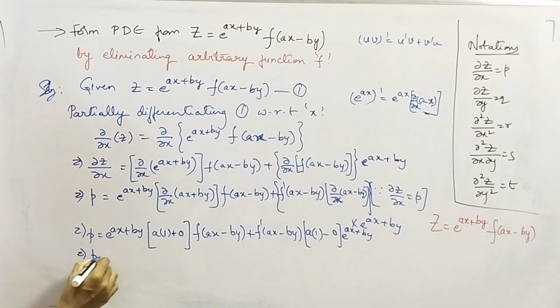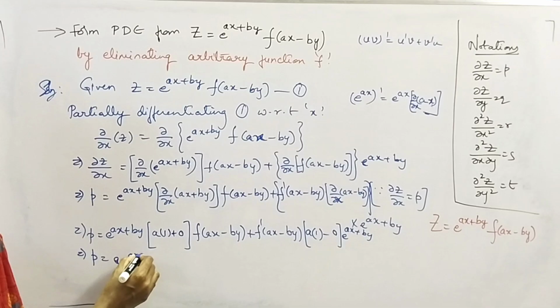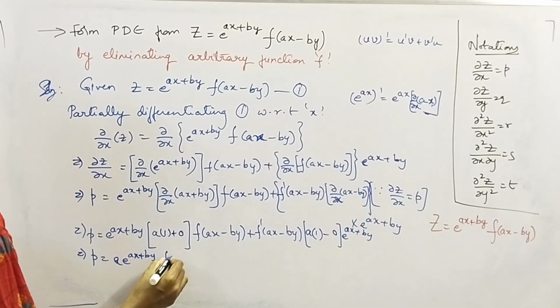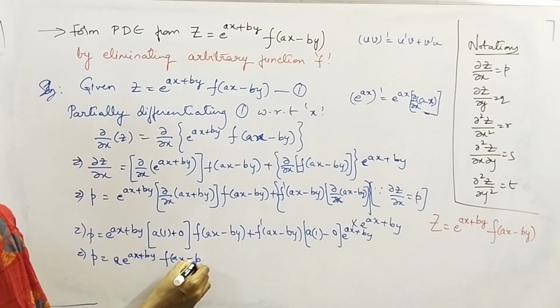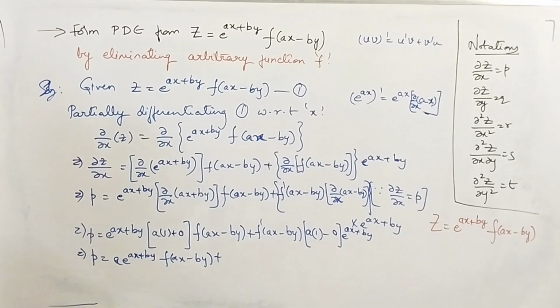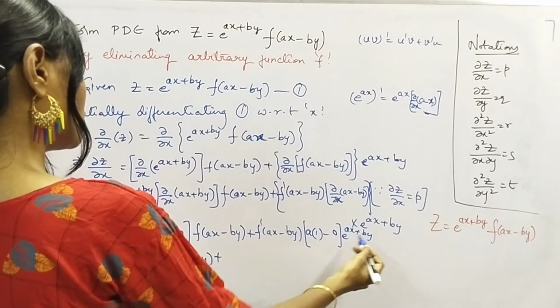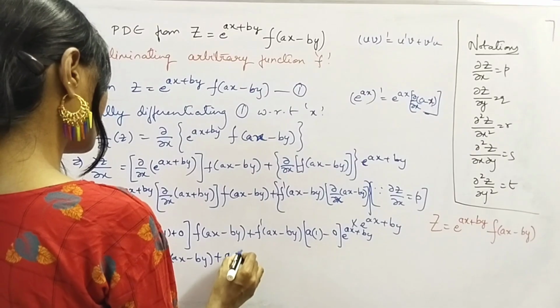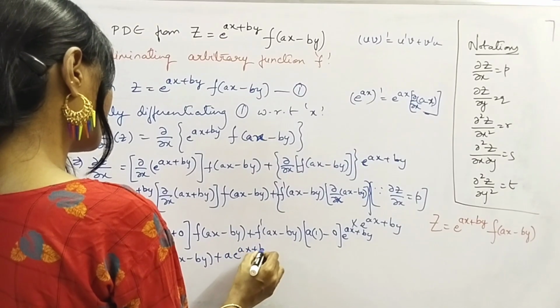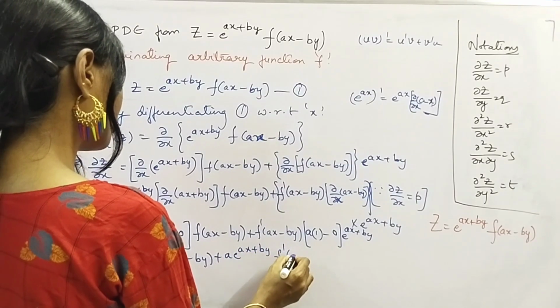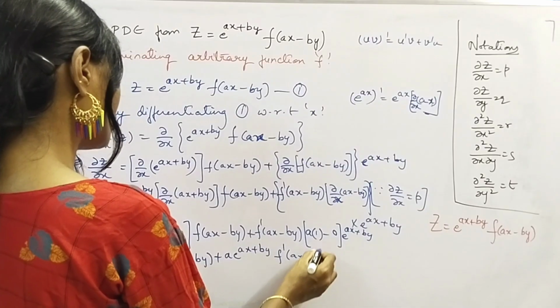This gives us p equal to a into e power ax plus by into f of ax minus by plus a e power ax plus by into f dash of ax minus by.